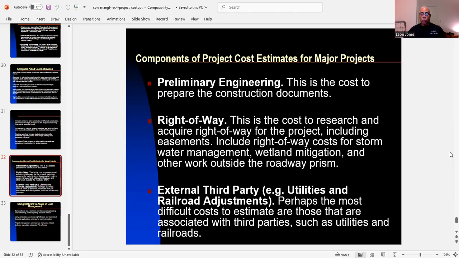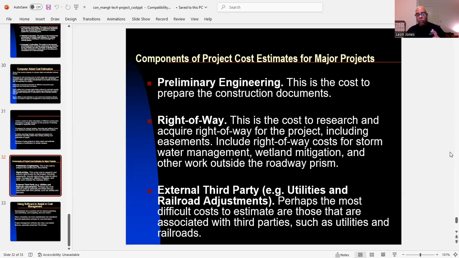And then you have external third party, for example utilities and railroad adjustments. Perhaps the most difficult costs to estimate are those associated with third parties such as utilities and railroads. That is one thing when you're out there doing construction. This is why some of these projects, when you deal with utilities, because you have to sometimes relocate utilities, and then you also have to deal with the railroad.